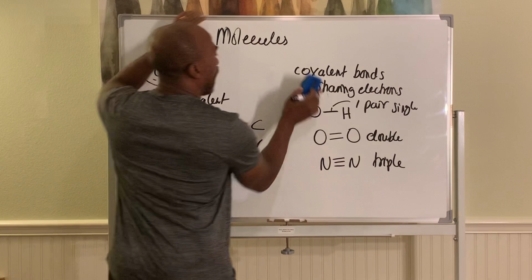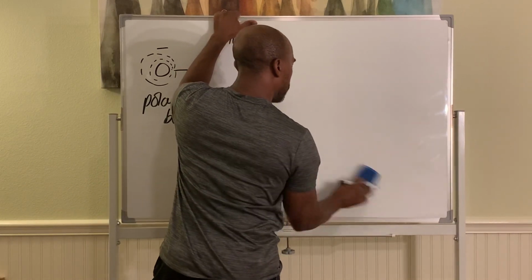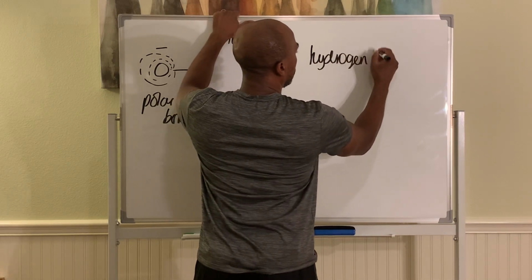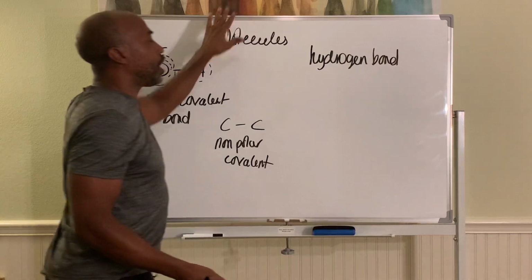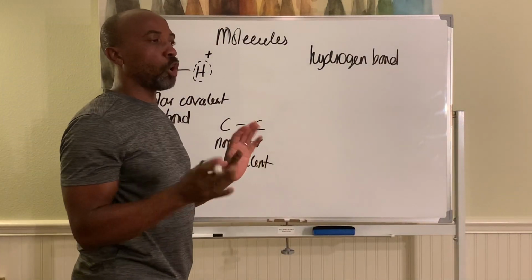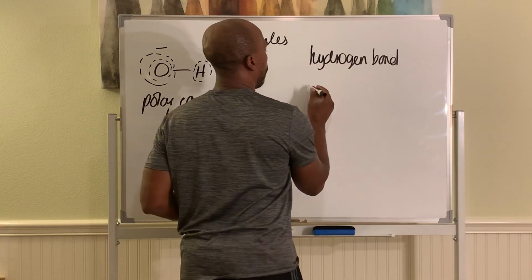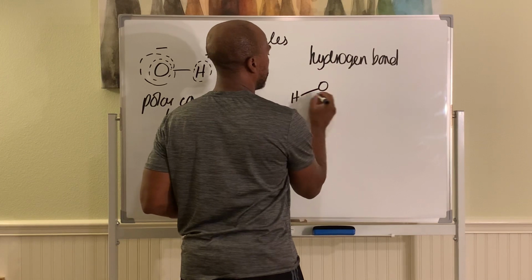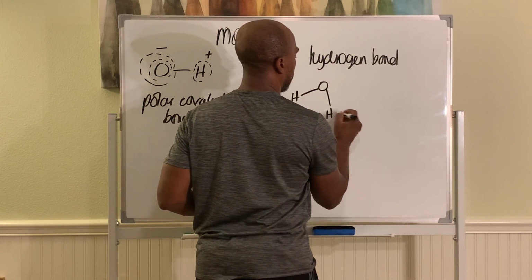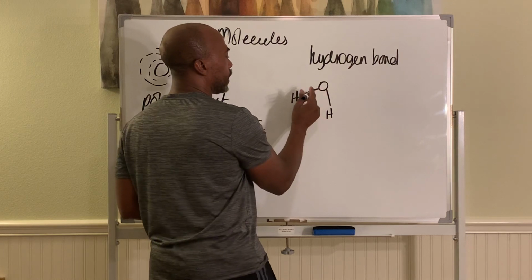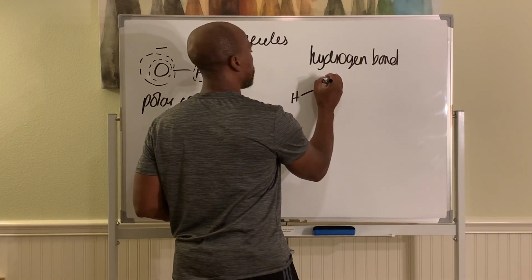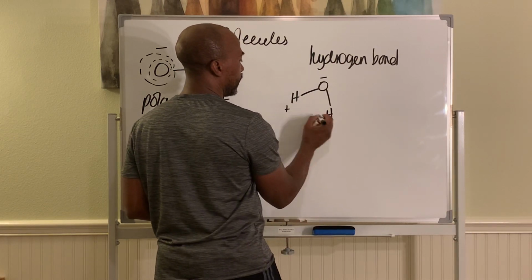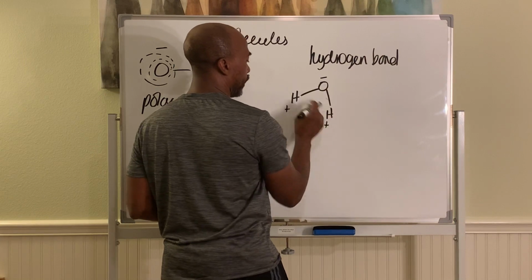Then we have a third type of bond called the hydrogen bond. Hydrogen bonds are formed between polarized molecules. For example, if you have water, H2O, H here, H here. Remember that in these bonds, the oxygen gets most of the electrons, so it's charged slightly negative, while these are slightly positive because the electrons spend more time here than here.